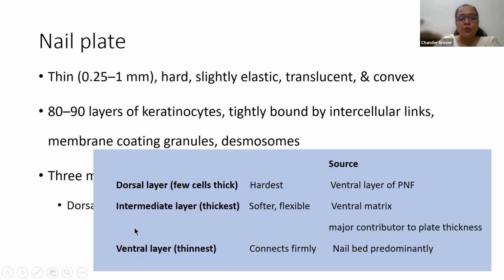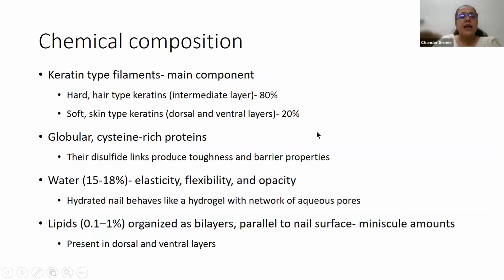The bulk is contributed by the intermediate layer, which is the thickest layer. The dorsal and the ventral layers are the thinner layers. The ventral layer's job is to keep in touch with the nail bed so that the attachment is firm. The dorsal layer is the one showing most of the surface irregularities. It is the one which is formed first from the proximal-most part of the matrix.